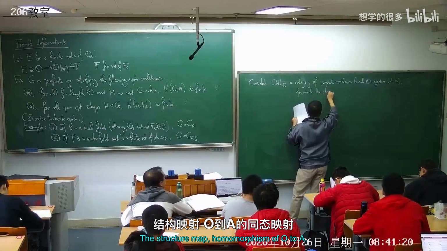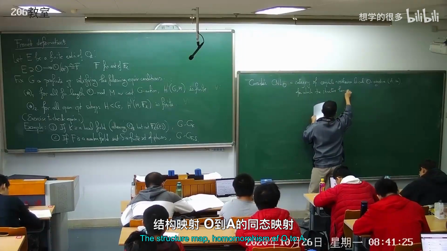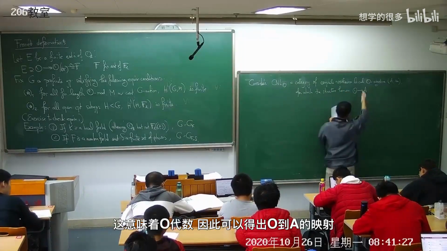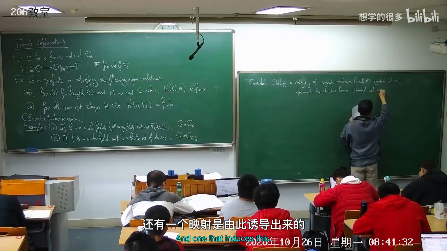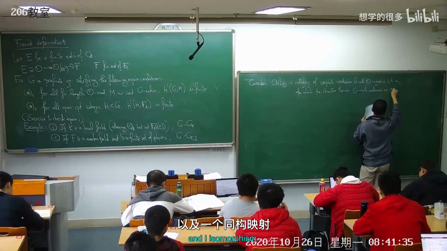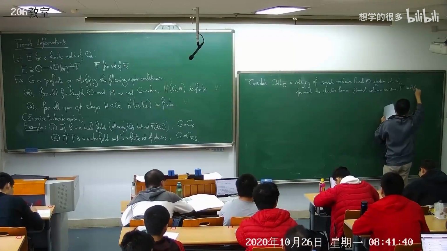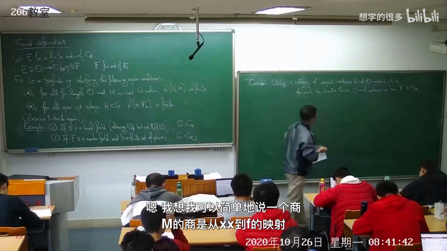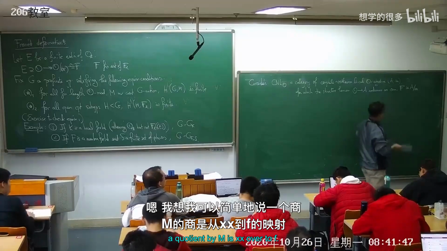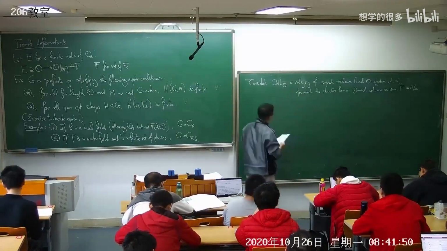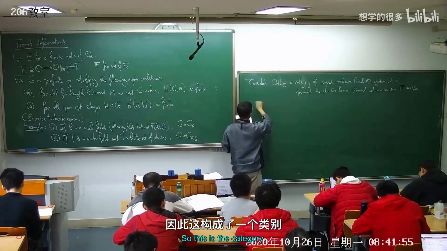The structure map is a homomorphism O to A. It means O-algebra, so you have O goes to A, and one that induces an isomorphism, well, I guess I can probably just say A quotient by M is isomorphic to F. So this is the category.